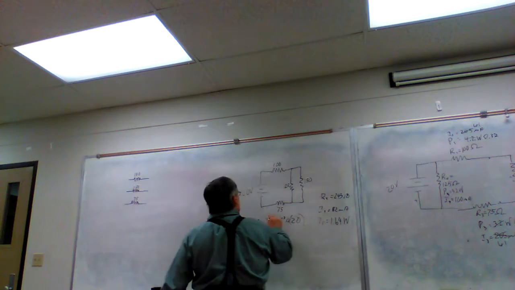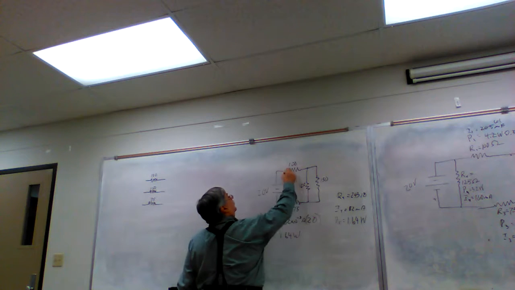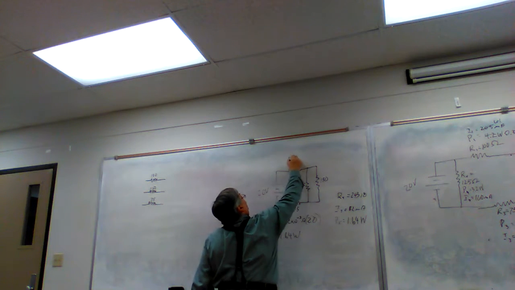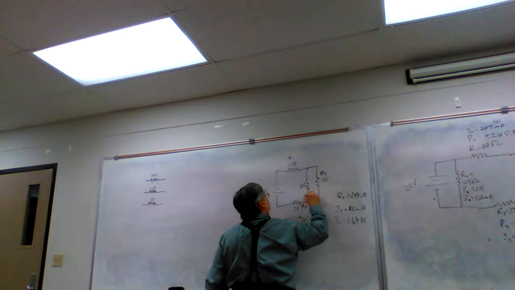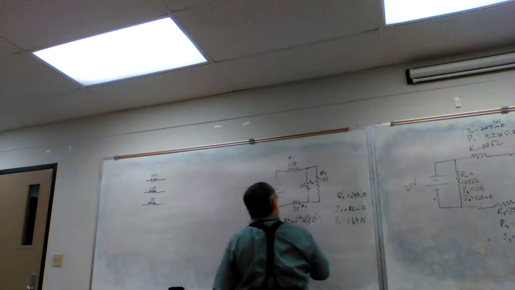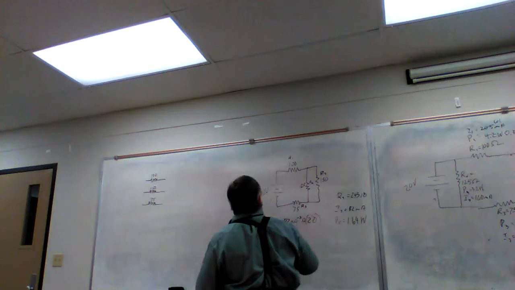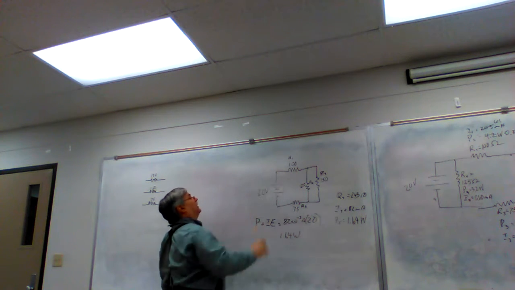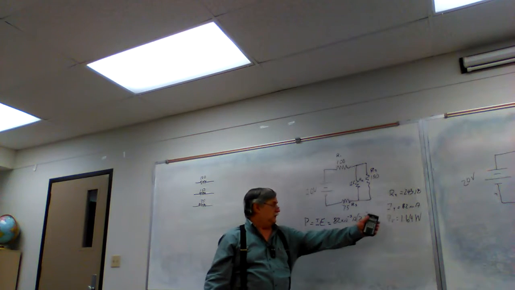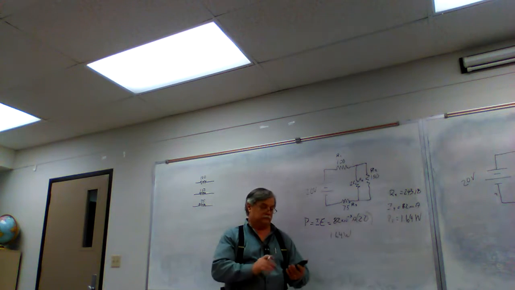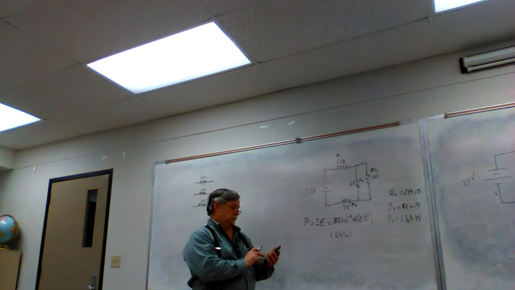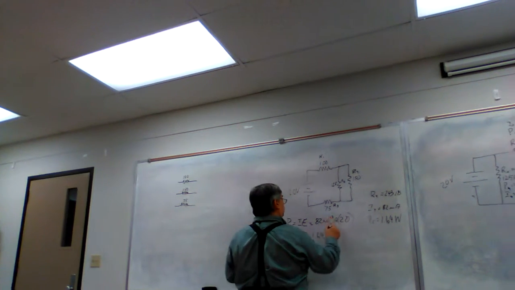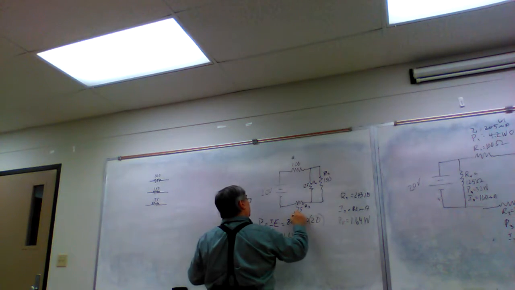Now we know that our total current through I3, through R3 and R1 is going to be the total 82 milliamps. So here we're going to lose half a watt. We're going to dissipate half a watt.